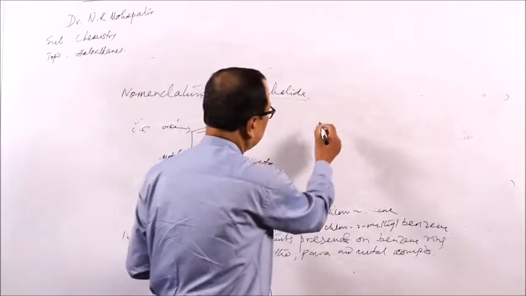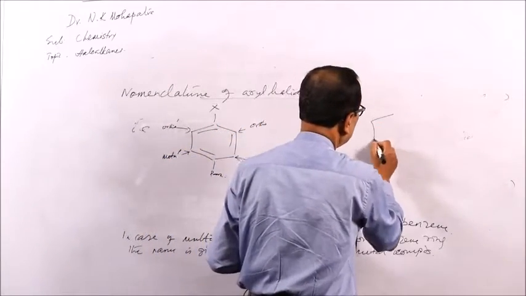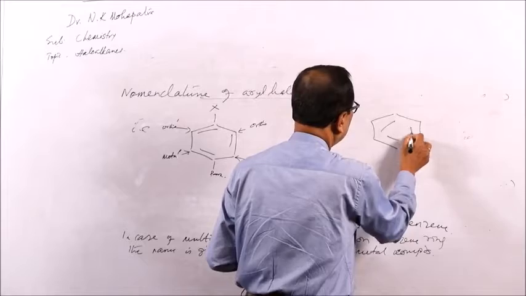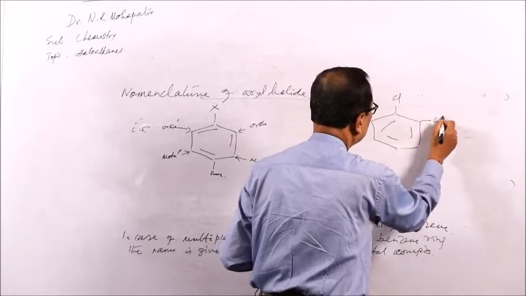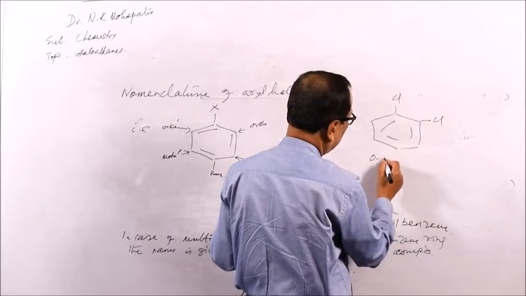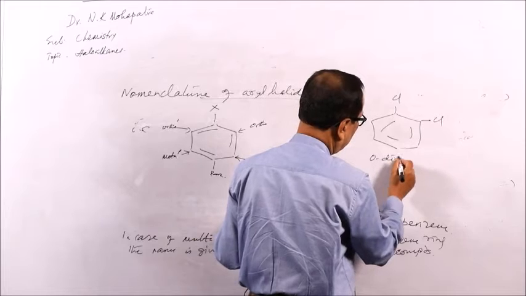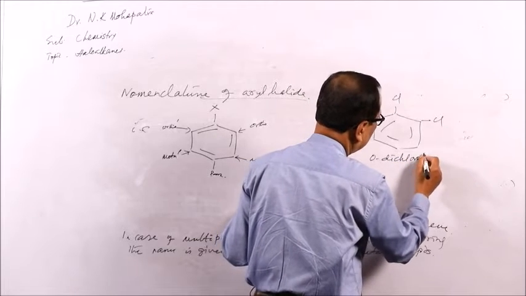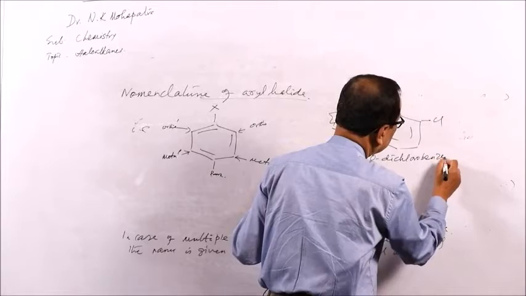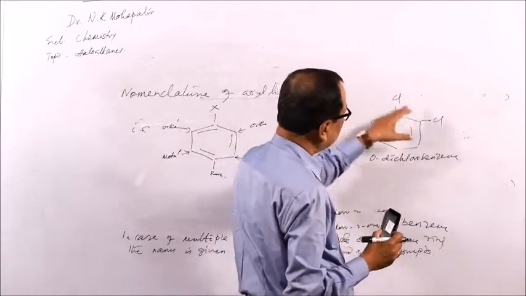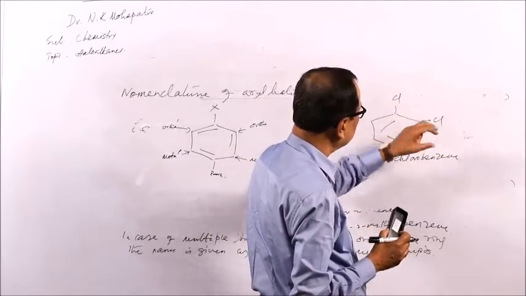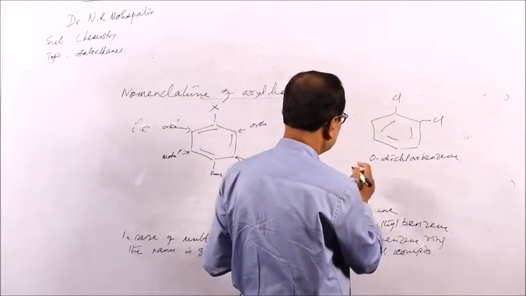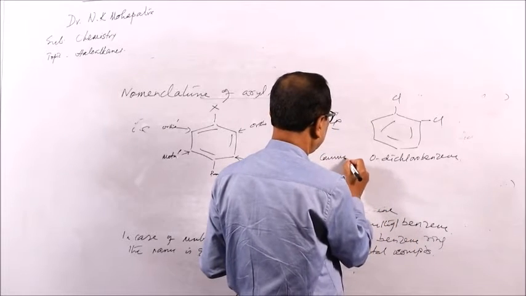For example, if you have chlorine here and chlorine here, this is ortho dichloro, or o-dichlorobenzene. That means two halogen atoms are ortho to each other. This is the common way of naming.